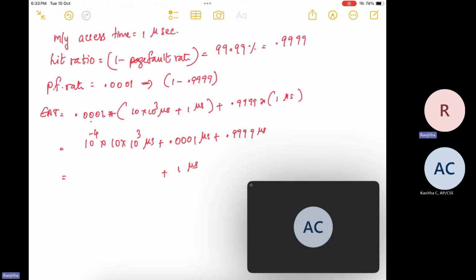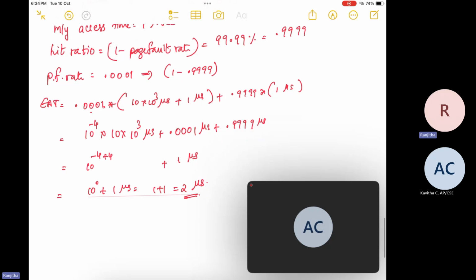Here 10 power minus 4 and this is again 10 power 4, so minus 4 plus 4 is 10 power 0, which is 1, plus 1 microsecond, which is 2 microseconds. So the effective access time is 2 microseconds.